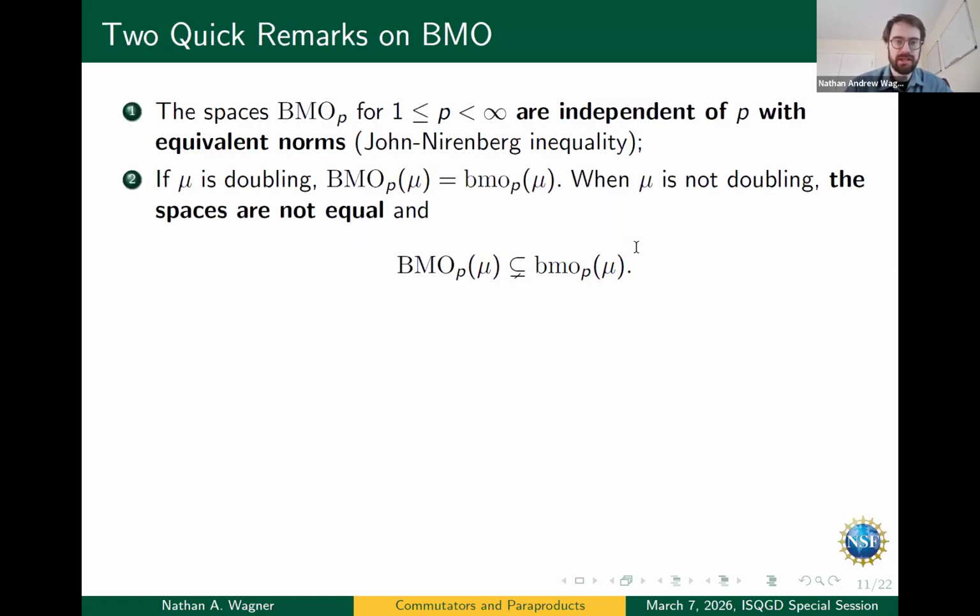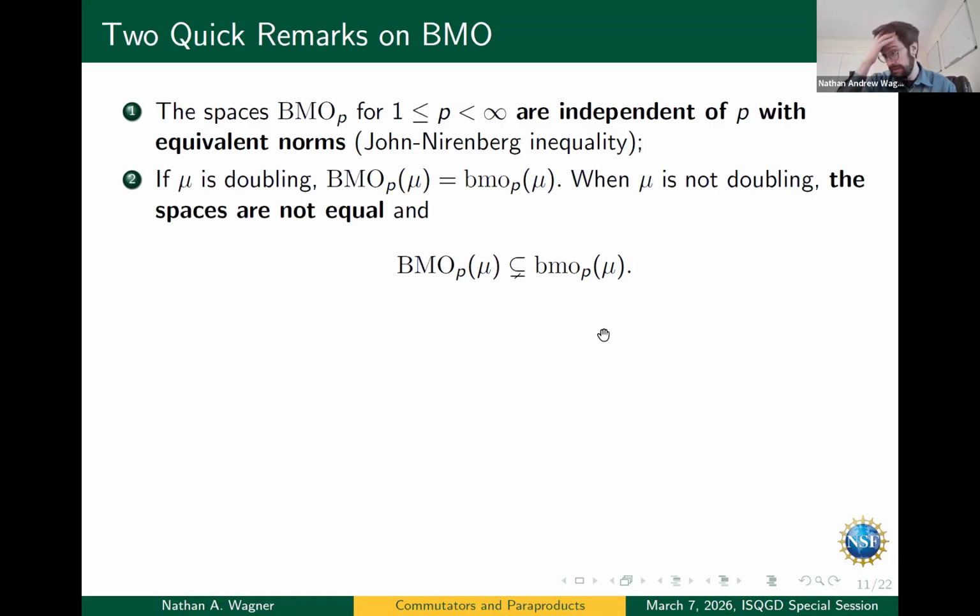That's not true for the little bmo_p spaces. When the measure is doubling, these spaces are equal to each other, but when mu is not doubling, these spaces are not equal in general, and in fact there's a strict containment: martingale BMO is strictly contained in the little bmo_p space.